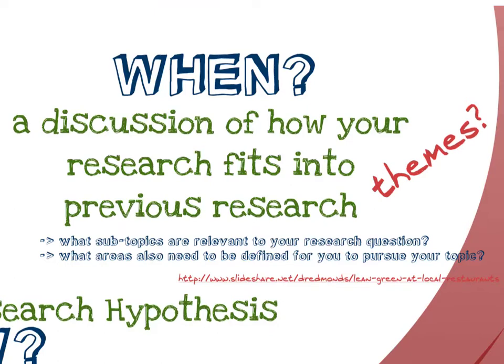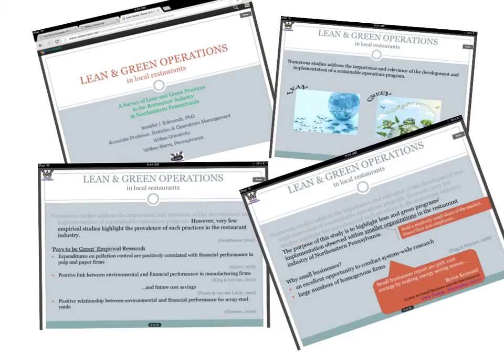I want to take you to a presentation that I did. I have a link for it, and I will give that to you as well, but it was on lean and green behavior in restaurants. To do this, I had to define what lean and green meant so everyone understood it. And then on the bottom left, I went into what's the history of it.